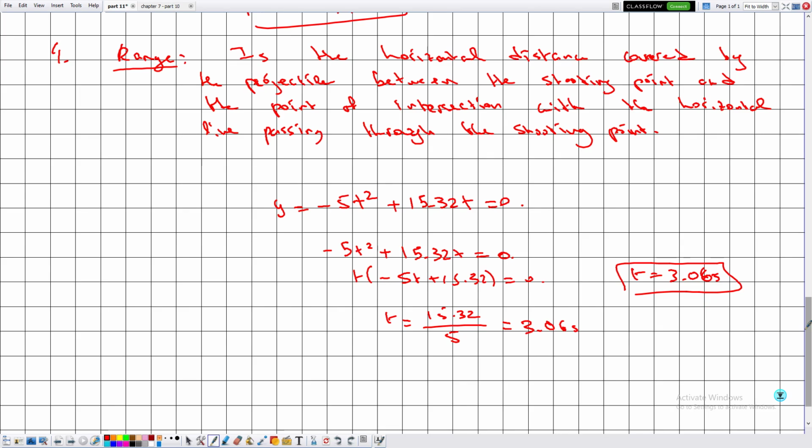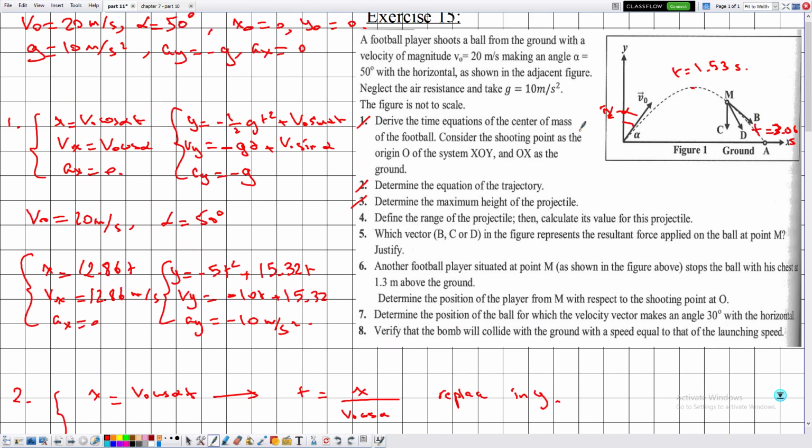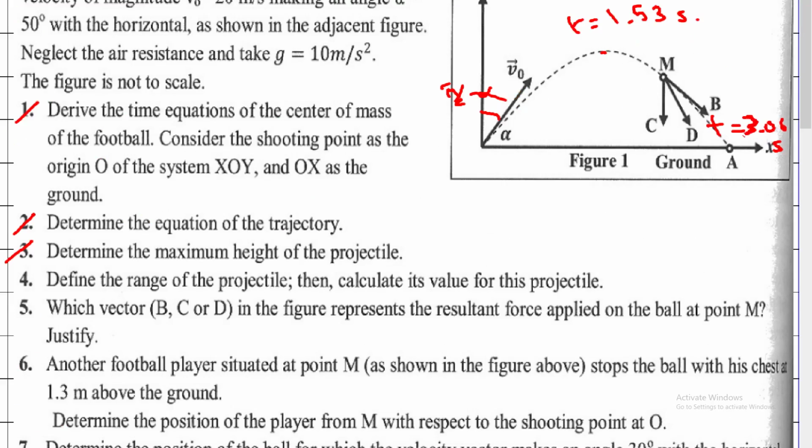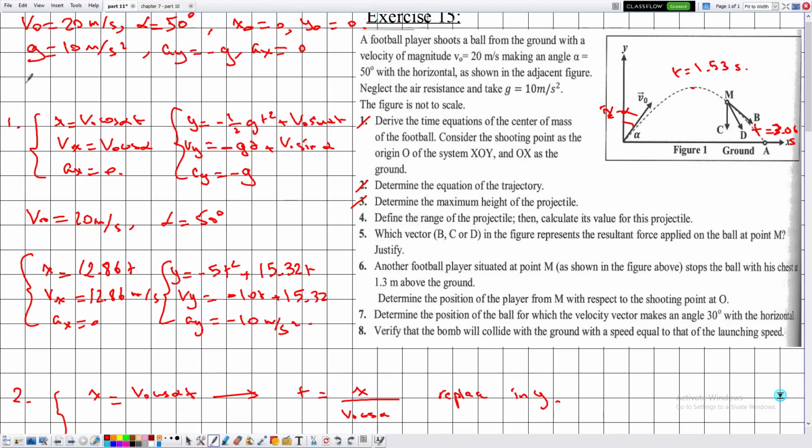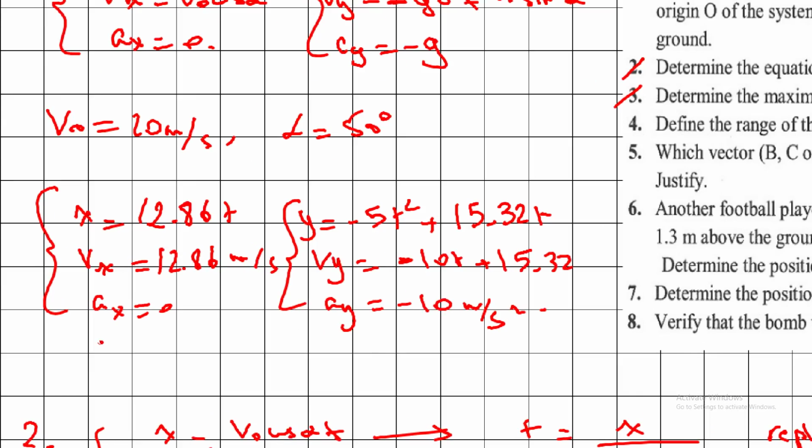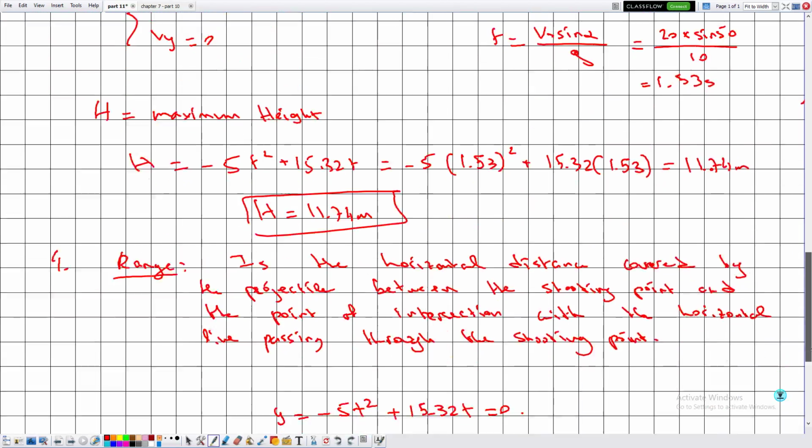Now after we have determined the value of t, we are interested in determining the range, and the range is the horizontal distance, which is OA. Now referring back to this equation, x is equal to 12.86 multiplied by t.